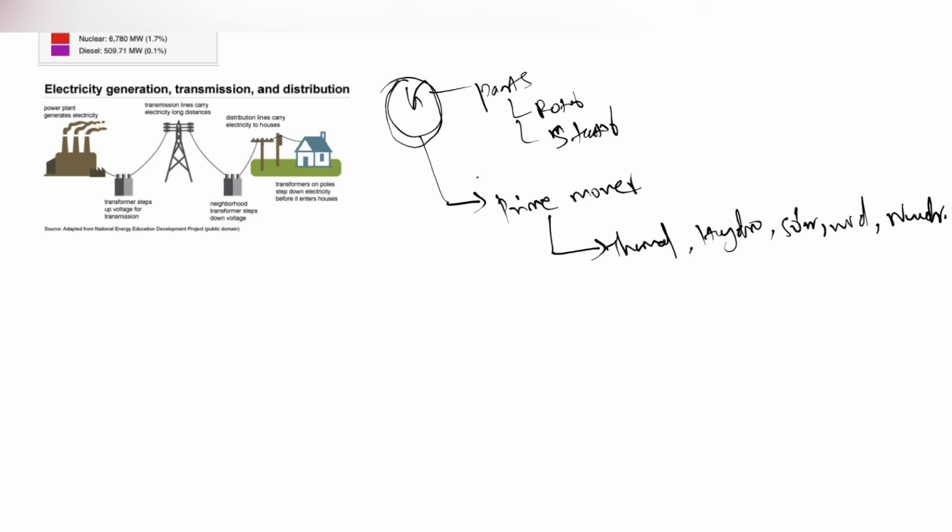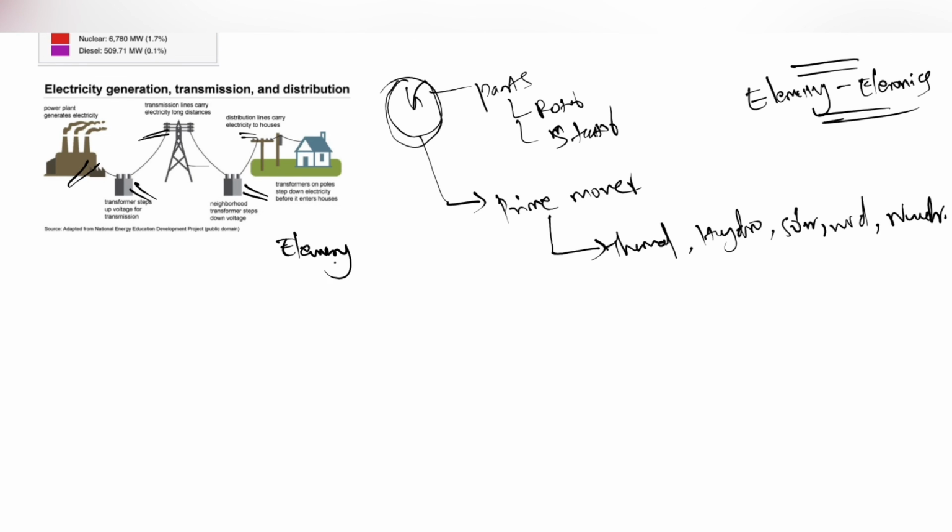If you recall our previous class, we discussed the relation between electricity and electronics. Now once the electricity is generated, there is a very well equipped distribution as well as transmission, transformers as well as transmission lines, etc., to get the generated electricity to our homes and factories and shops, etc. Now the electricity has finally arrived at home.